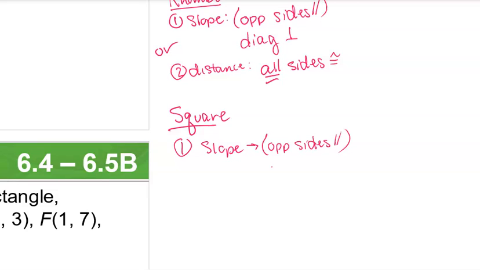We need to know that consecutive sides are congruent, and we need to know, hold on, we're doing just the slope formula. I need to know that consecutive sides are perpendicular, and I need to know that the diagonals are perpendicular.